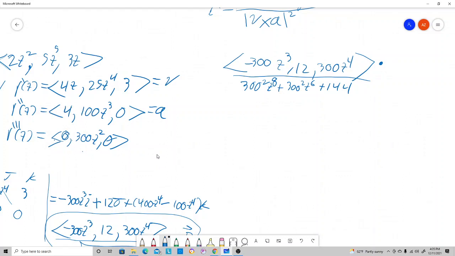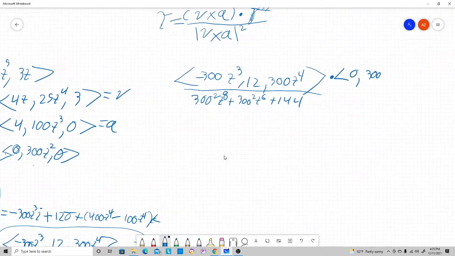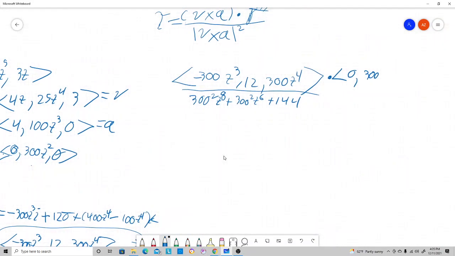I'll just write it: 0, 300t squared, 0. Because you're dotting two vectors, torsion is actually a scalar.